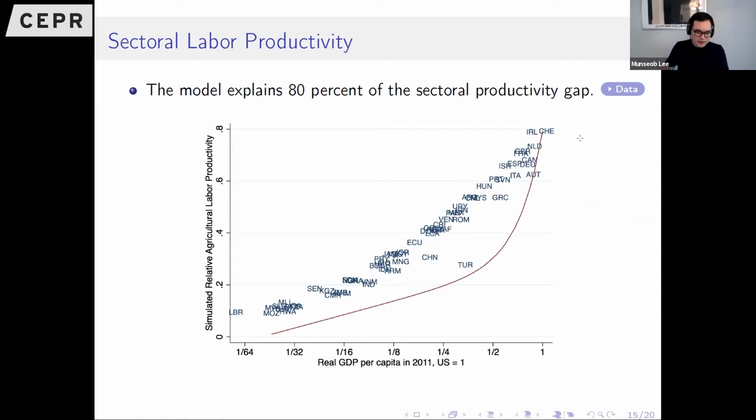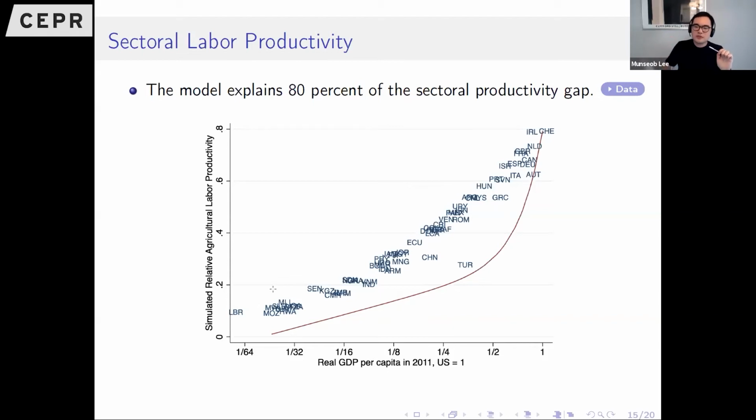From the simulation, this is the simulated sectoral labor productivity, again the relative agricultural labor productivity. I had no time to show the data itself, but the fitted line is coming from the data on sectoral labor productivity, and each dot is a model simulation result. The general declining trend is coming from the Roy-type selection, which is consistent with the Lagakos and Waugh paper.